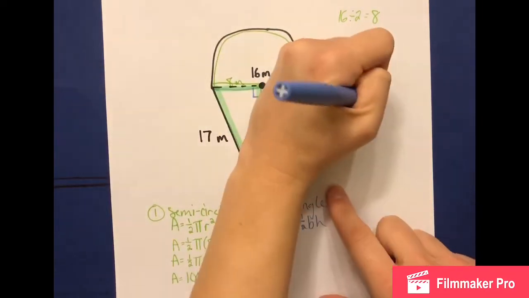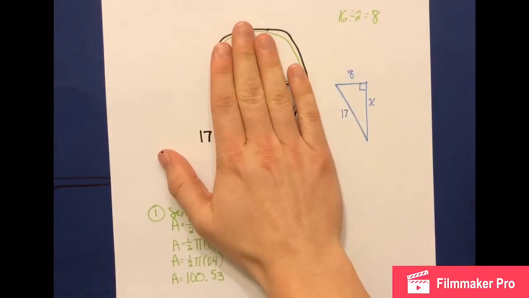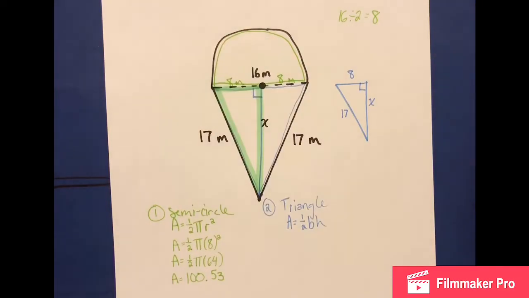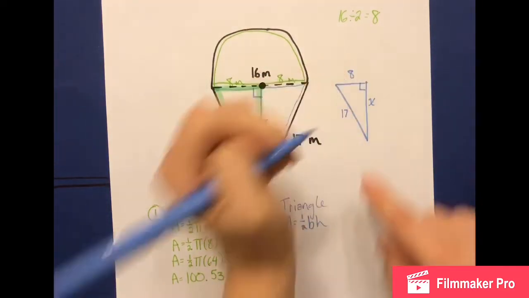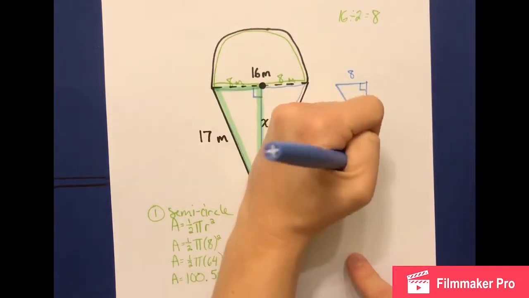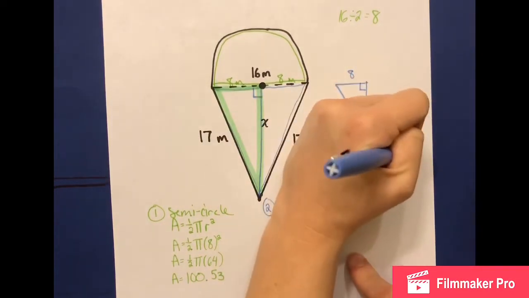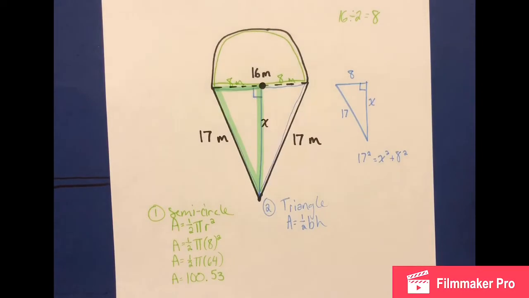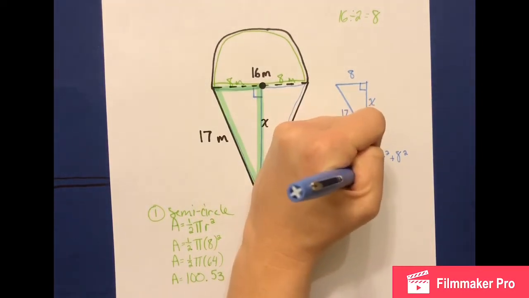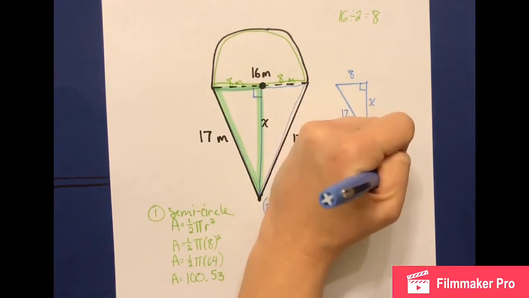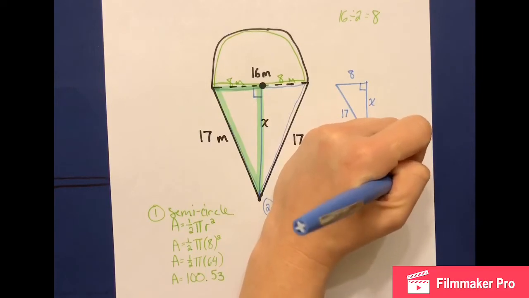This length here is X. I can find that using the Pythagorean theorem. So I'm going to do that. I'm going to say, okay, that's across from the right angle. So I have 17 squared equals X squared plus 8 squared. Then we just do a little bit of math gymnastics here. We get 289 equals X squared plus 64.